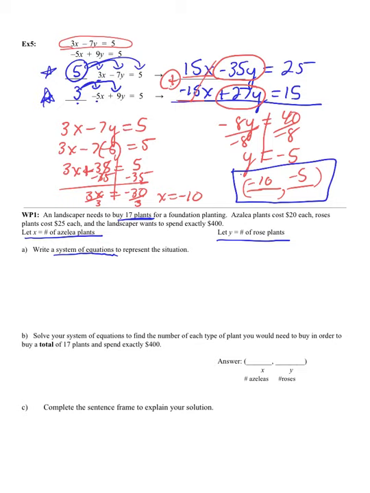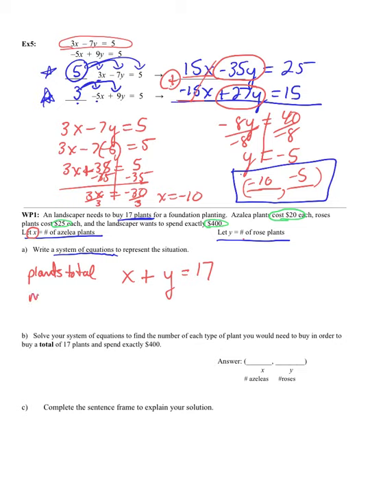And then azaleas are 20, roses are 25, and the total cost is 400. Right? Your first equation, let's deal with plants. Total number of plants. So it tells us that we need 17. So I'm going to take the x that I've defined, so azaleas, so x plus roses, y equals 17.